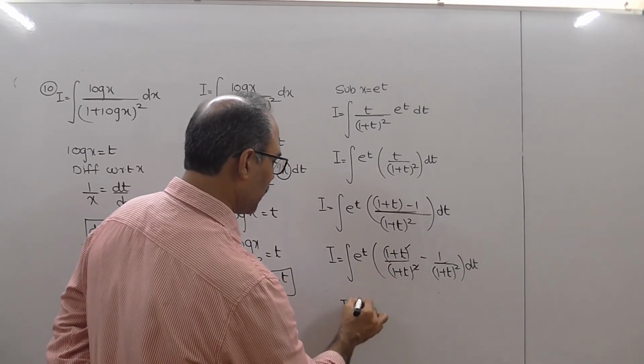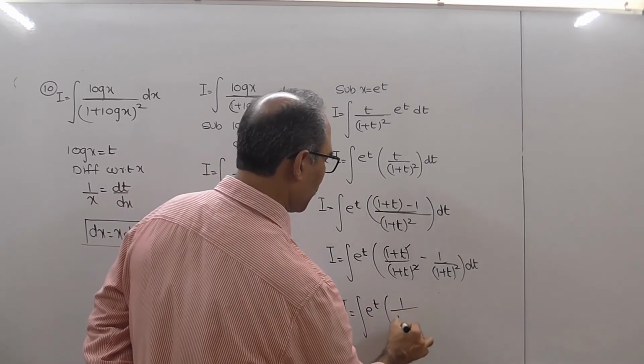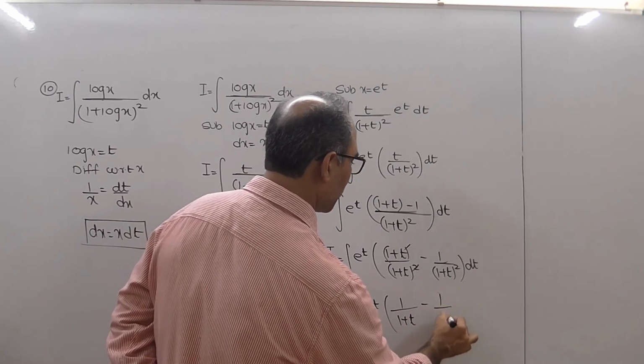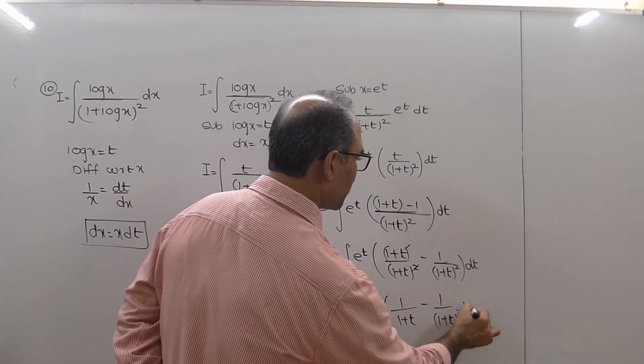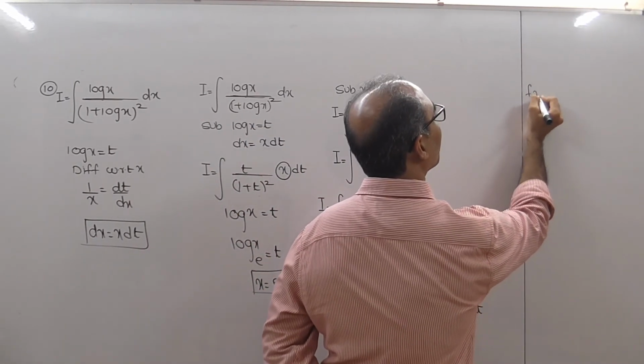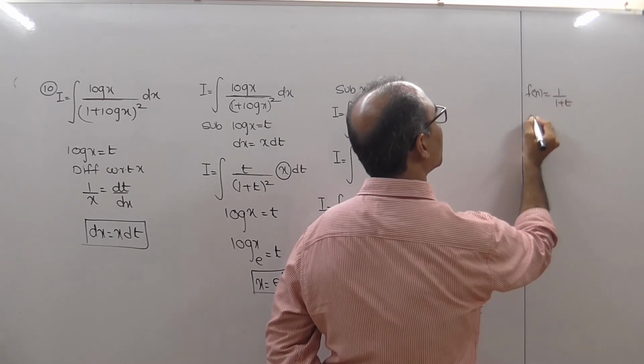You get I equal to integration e raised to t, 1 upon 1 plus t minus 1 upon 1 plus t the whole square dt. So I will say that my f of x is 1 upon 1 plus t.